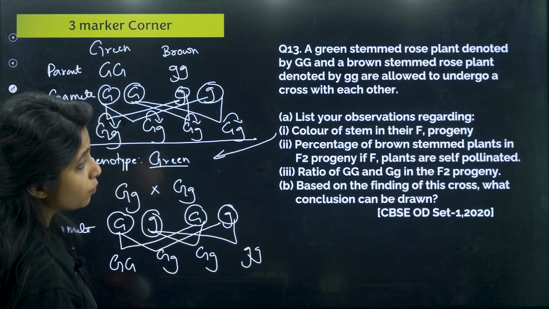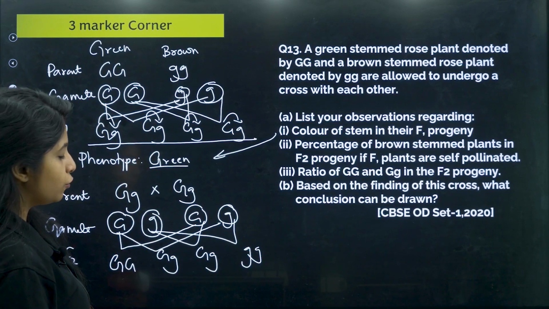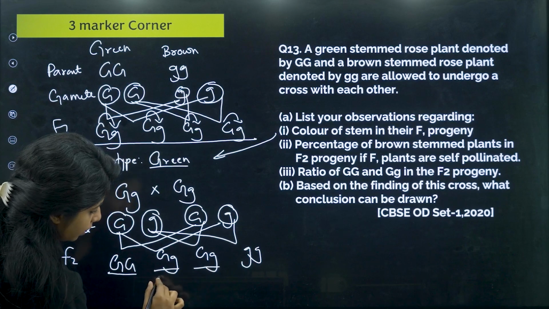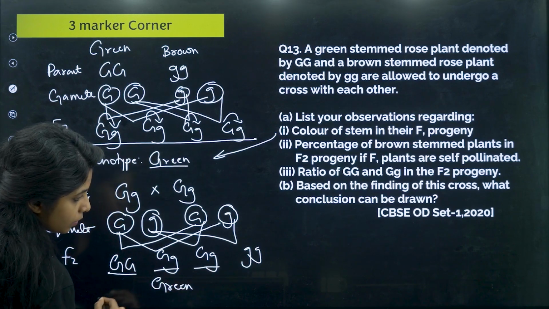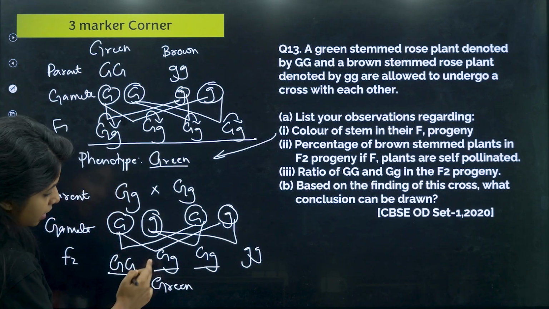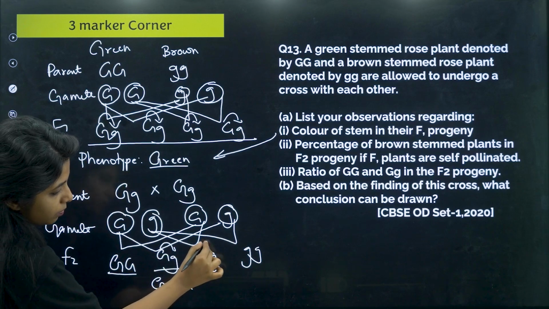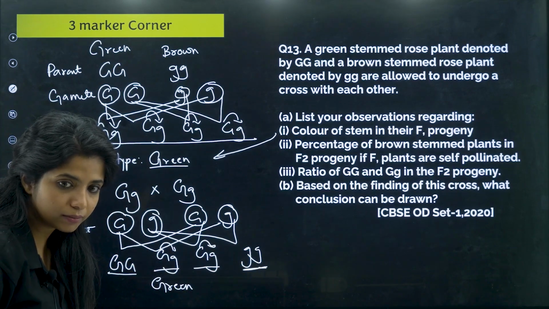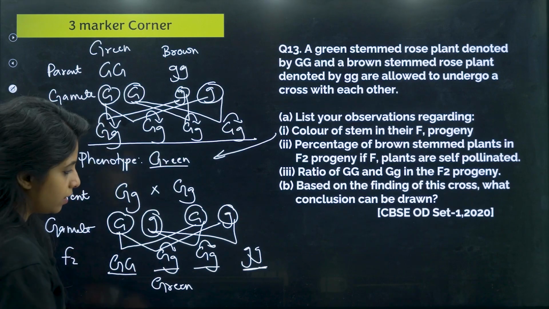So, what is the percentage of brown stemmed plants in F2 progeny, children? If I see, all of them are green. This is homozygous green, this is heterozygous green, this will be dominant, this will be dominant. There is only one which is brown in color.